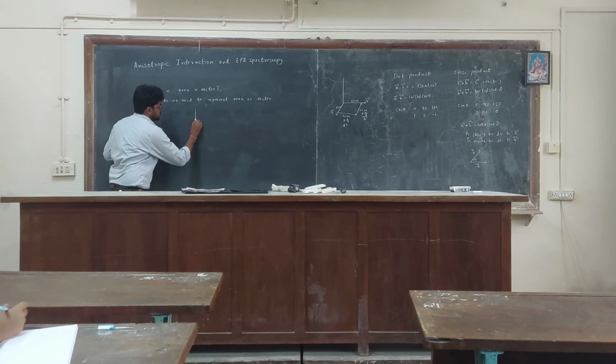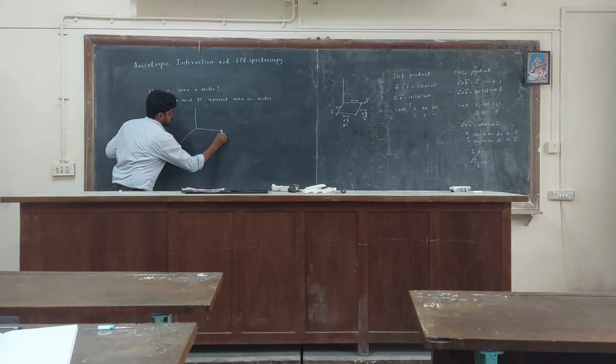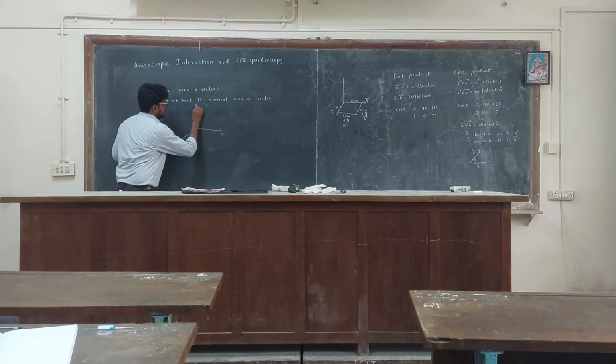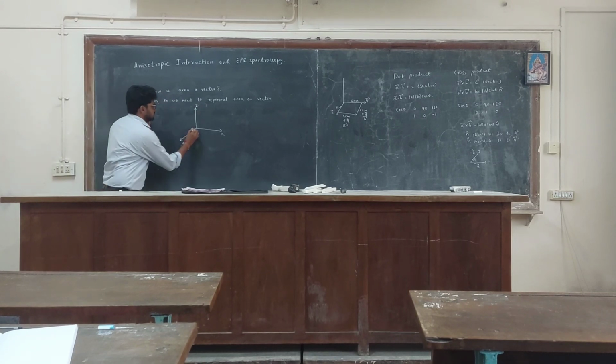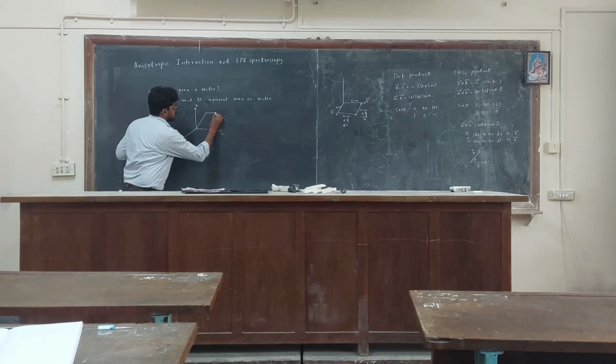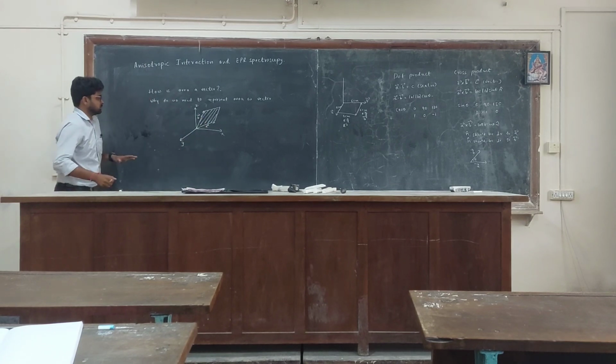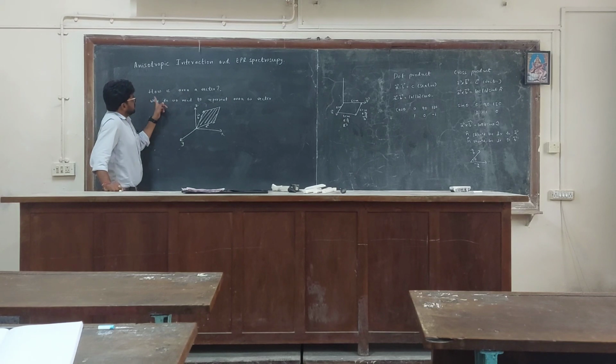Suppose say this is a three-dimensional space. X, Y and Z. And suppose say there is a two-dimensional space within that one. This is a two-dimensional subspace. Let it be A vector, let it be B vector.